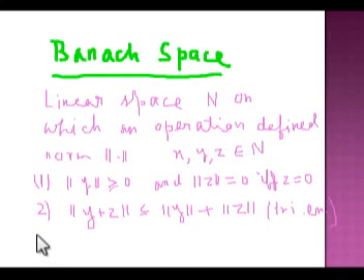The third axiom concerns the scalars alpha, beta, gamma defined on the field over which the linear space is defined. This could be real or complex.